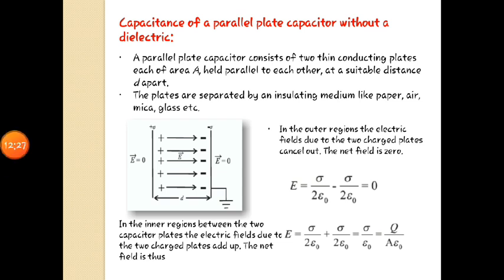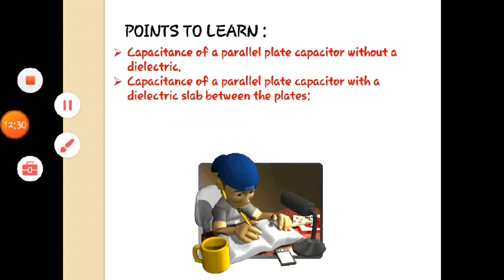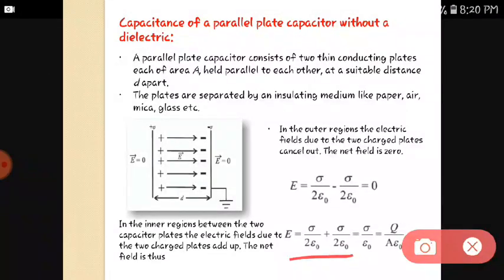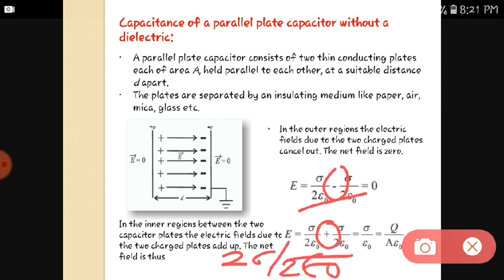So we get sigma by 2 epsilon 0 plus sigma by 2 epsilon 0. Why is it so? Because inside they get added and outside they get cancelled. So this becomes negative over here and this becomes positive over here because they are inside. Alright. So this is nothing but 2 sigma divided by 2 epsilon 0. So this 2 and 2 get cancelled, and you get only sigma divided by epsilon 0.